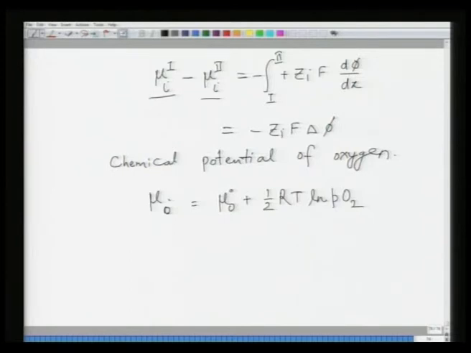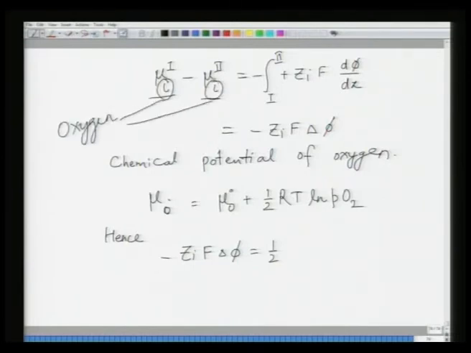So, as a result, now all I do is make the substitution. So, minus Zi F delta phi becomes equal to half. Mu naught will cancel each other, because this i is nothing but oxygen in this case. So, this becomes half RT ln PO2 1 minus half RT ln PO2 2.